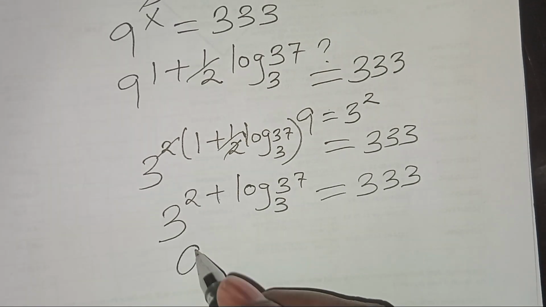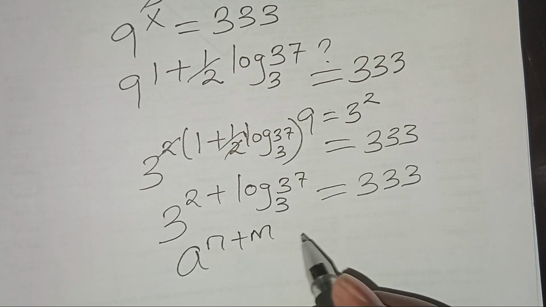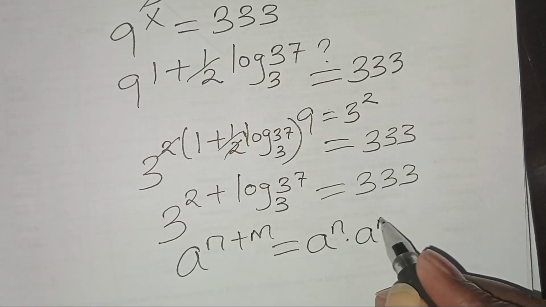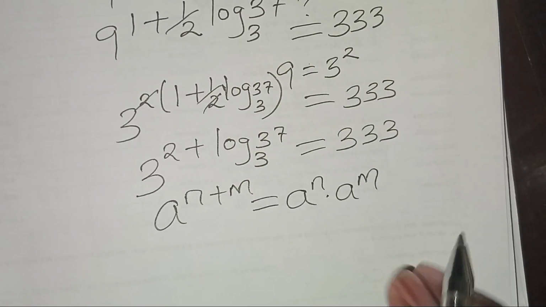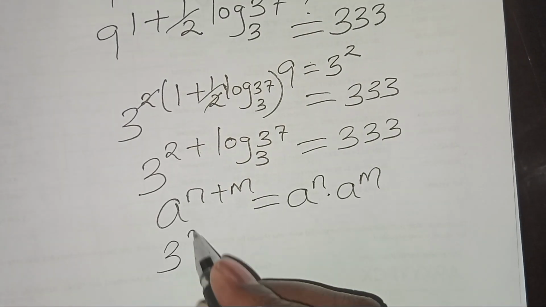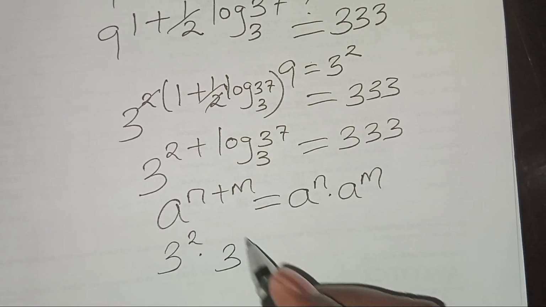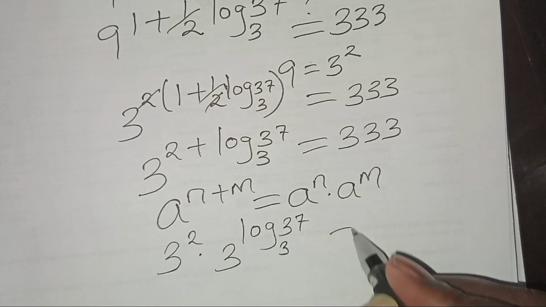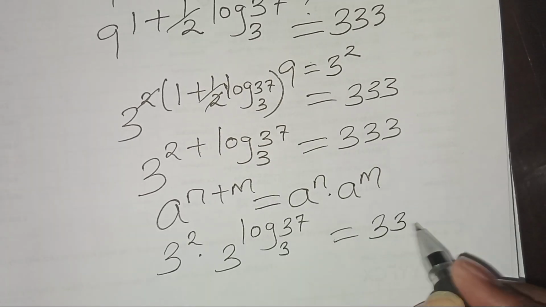This is in the form of a to the power n plus m, which we can express as a to the power n multiplied by a to the power m. Applying this exponent property, this is the same thing as 3 to the power 2 times 3 to the power log 37 to base 3. This should give us a value of 333.